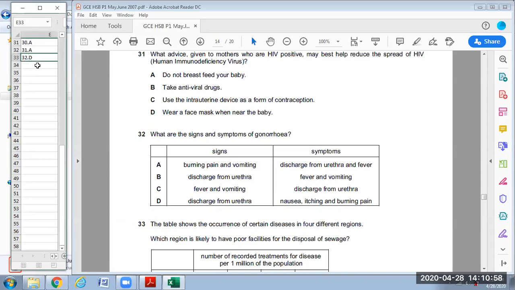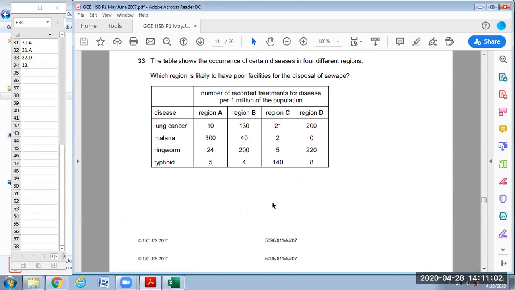33. The table shows the occurrence of certain diseases in 4 different regions. Which region is likely to have poor facilities for the disposal of sewage? Region C. All right, so we have plenty typhoid. We have some ringworm.